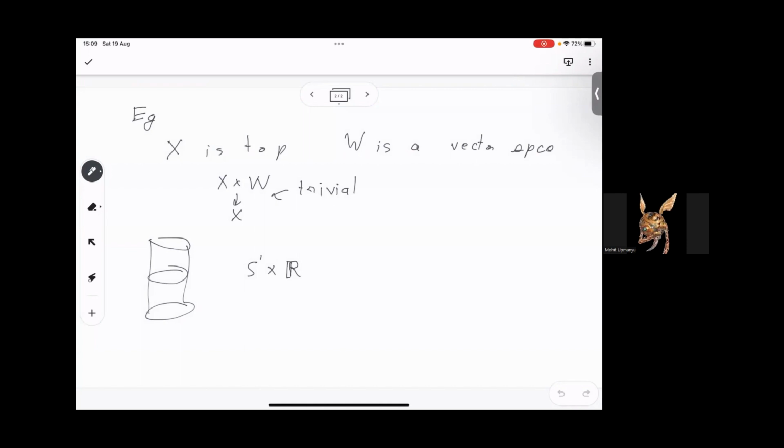So a cylinder would be S1 cross R, but this is, as we see, a trivial bundle. So a non-trivial example would be the Mobius bundle.